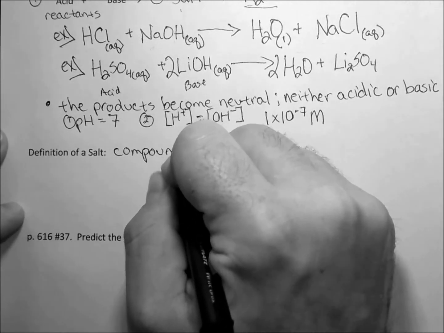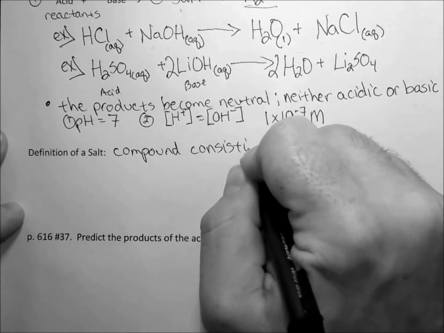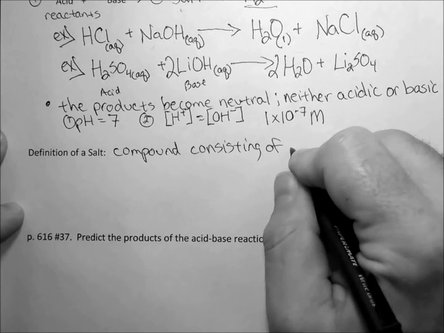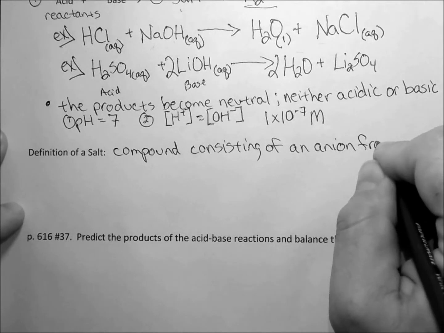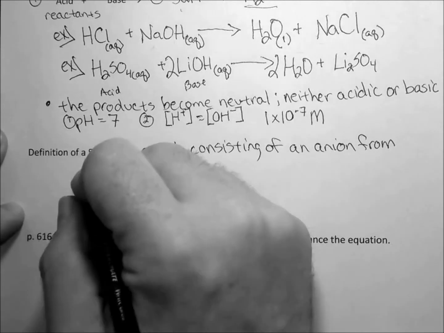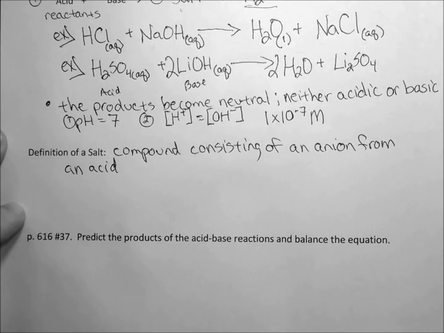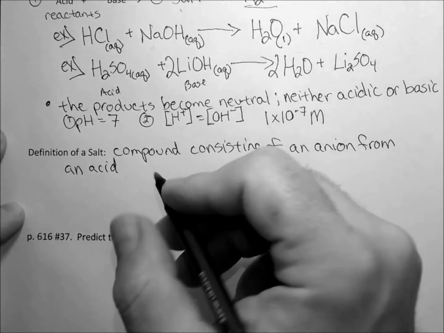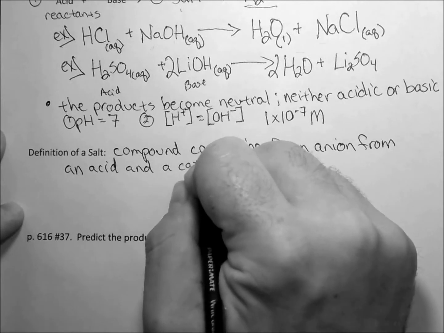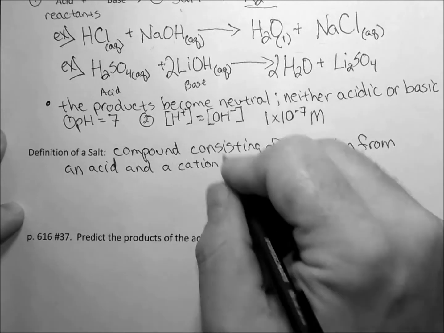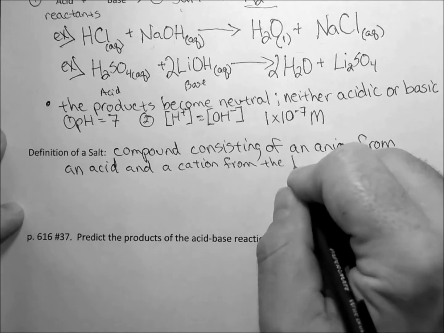It is a compound consisting of an anion from an acid, the negative part of the acid, and a cation from the base.